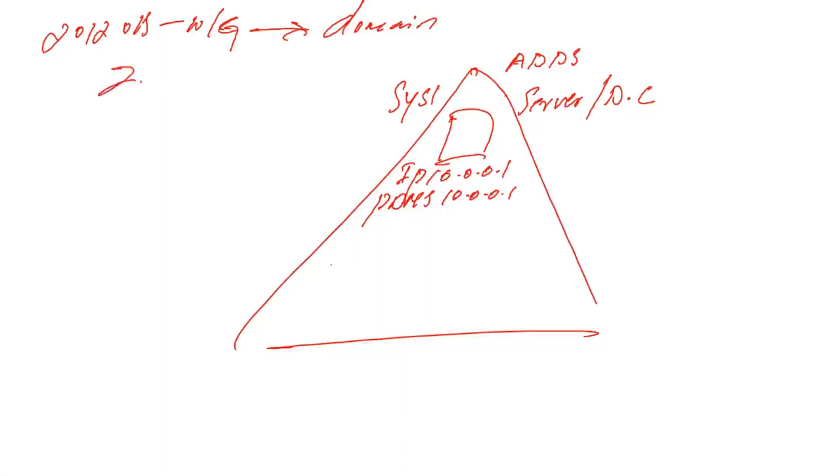The domain name I am giving to my server is zoom.com, and this name we are assigning with the help of DNS service here, right?